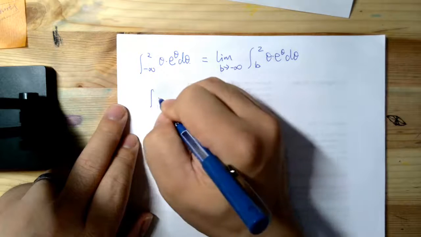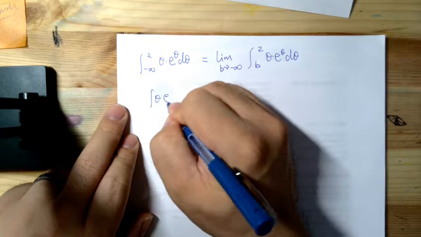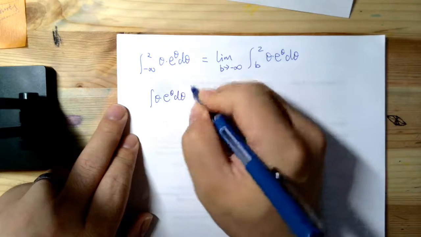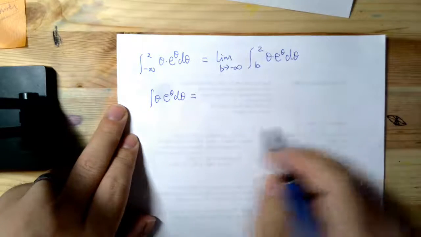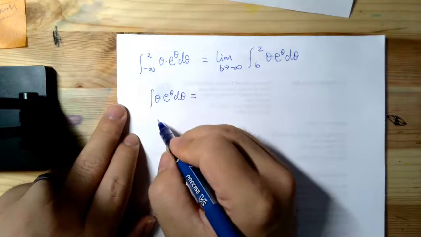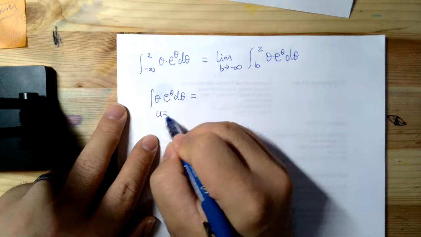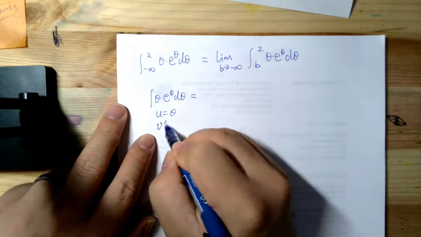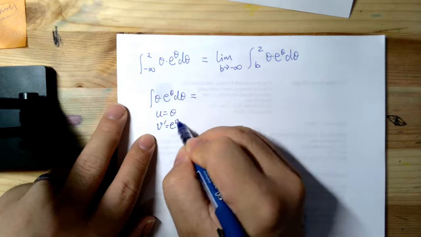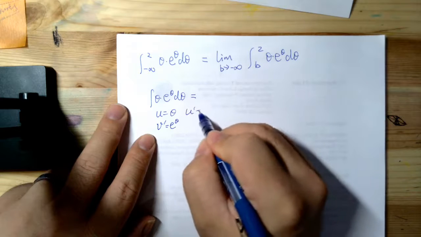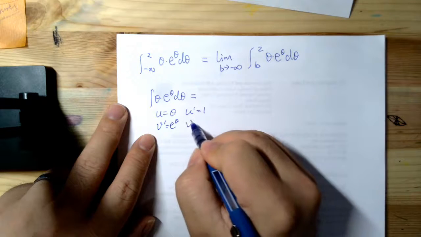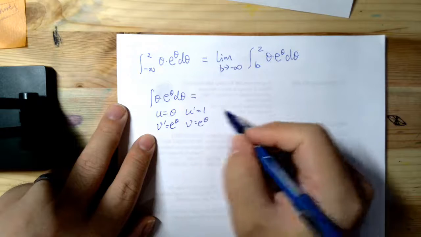So for the integral of theta e^theta d theta, we can use integration by parts. You can set u equal to theta, v prime equal to e to the power of theta, so u prime is 1, and then v is still e to the power of theta.